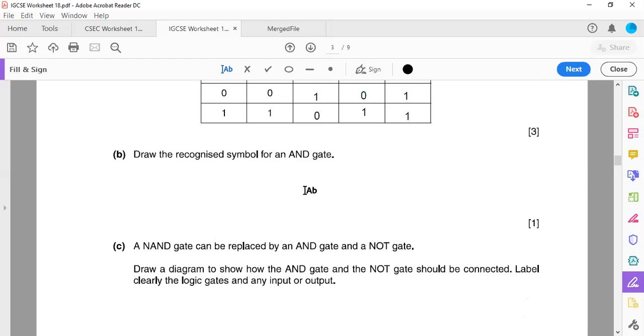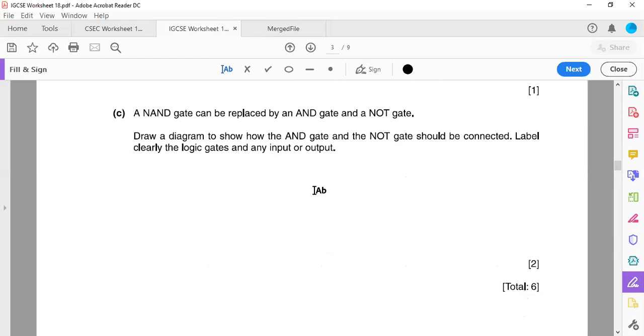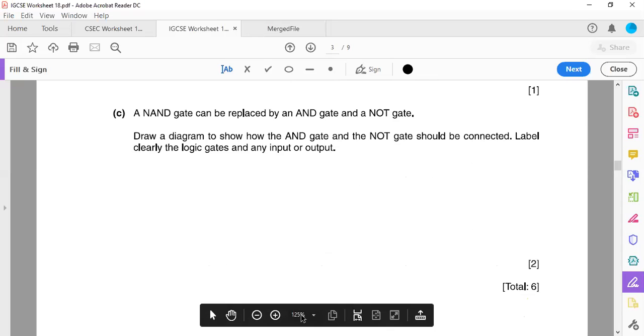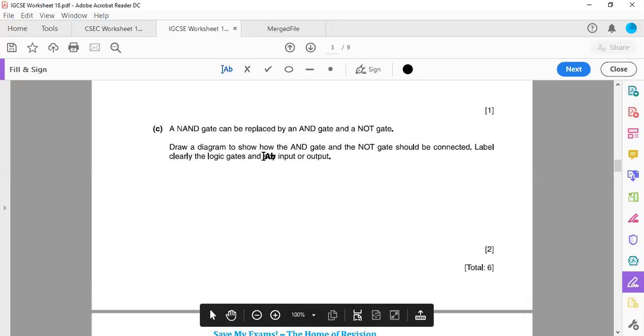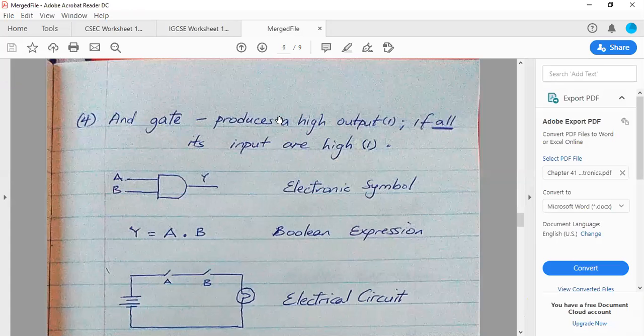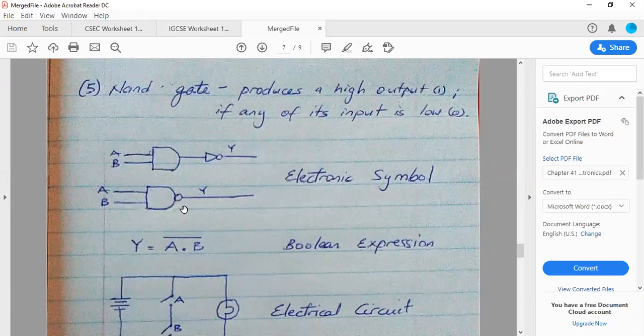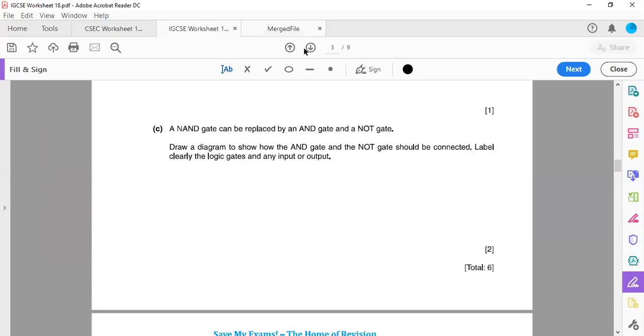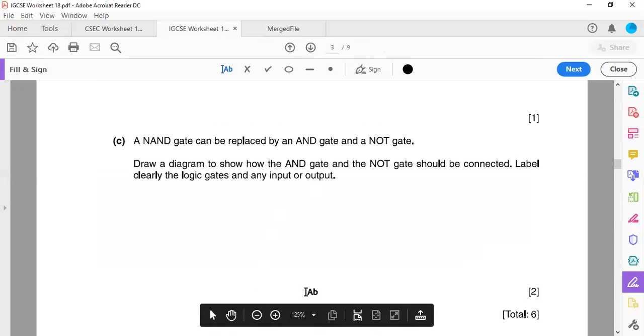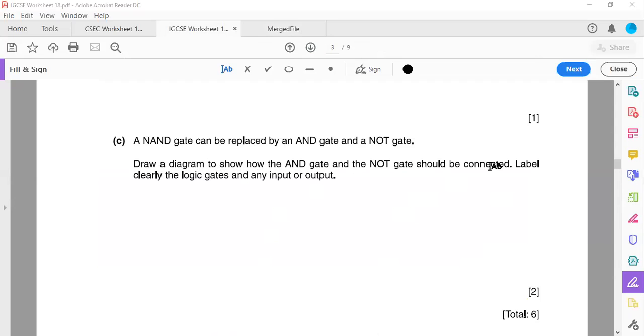Good. So we're going on to the NAND gate now, part C of the question. They said the NAND gate can be replaced by an AND gate and a NOT gate. I did see that in my lecture, that your NAND gate, which is this, can replace an AND gate and a NOT gate. That's exactly what I said here. They say draw a labelled diagram to show how the AND gate and the NOT gate should be connected.